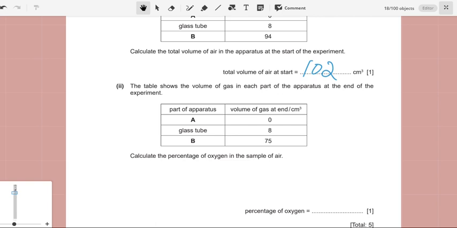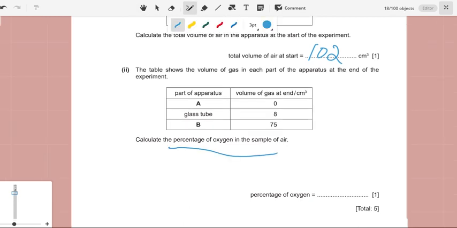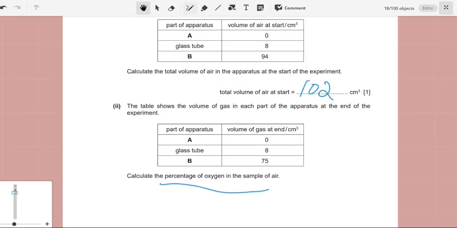Now the next: here the table shows the volume of gas in each part of the apparatus at the end of the experiment. Here the glass tube is 8 and B is 75. Calculate the percentage of oxygen in the sample of air. So for finding the percentage, B at the start is 94 and the final one is 75.